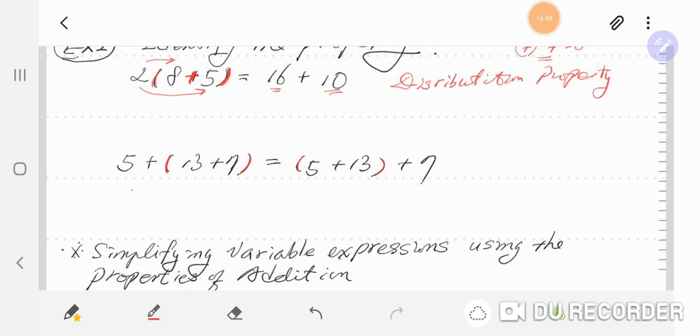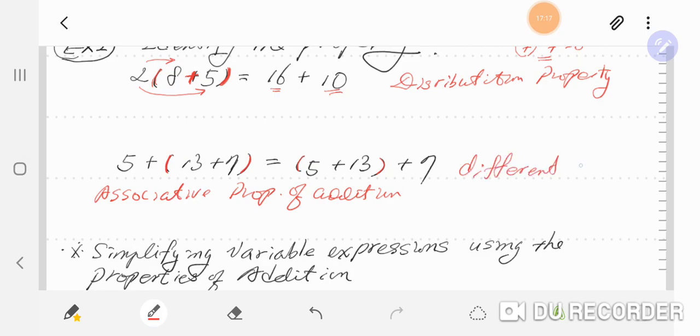Since we are using a different grouping, this is the associative property of addition. This expression is an addition. So it is the associative property of addition.